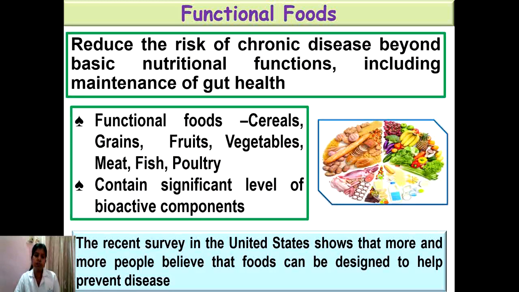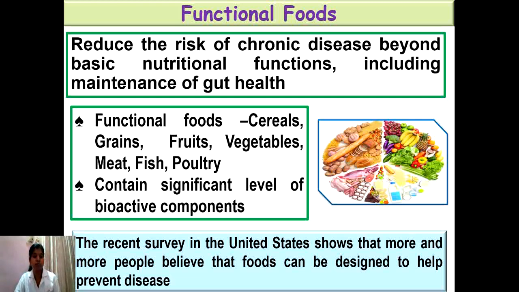Functional foods reduce the risk of chronic disease beyond basic nutritional functions, including maintenance of gut, heart, and bone health. We can say cereals, grains, fruits, vegetables, meat, fish, and poultry come under functional foods. Each food item has certain active principles which improve our health beyond supplying nutrients, so it contains significant levels of bioactive components.